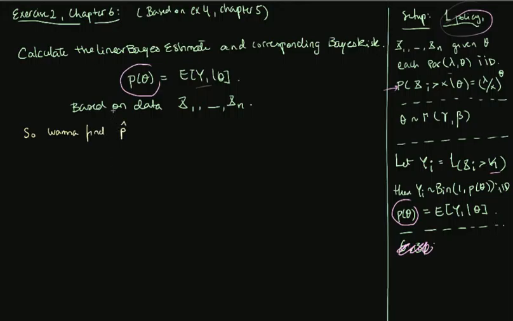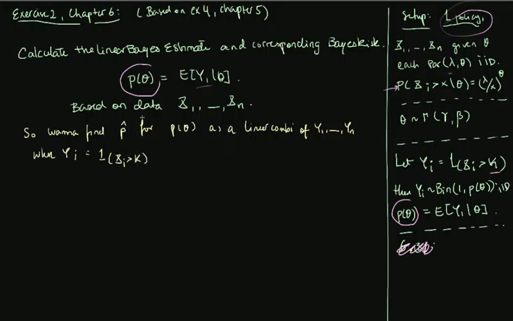the linear Bayes estimator p hat for p of theta, expressed as a linear combination of y1 to yn, where the yi's are each equal to the indicator of xi being greater than k.